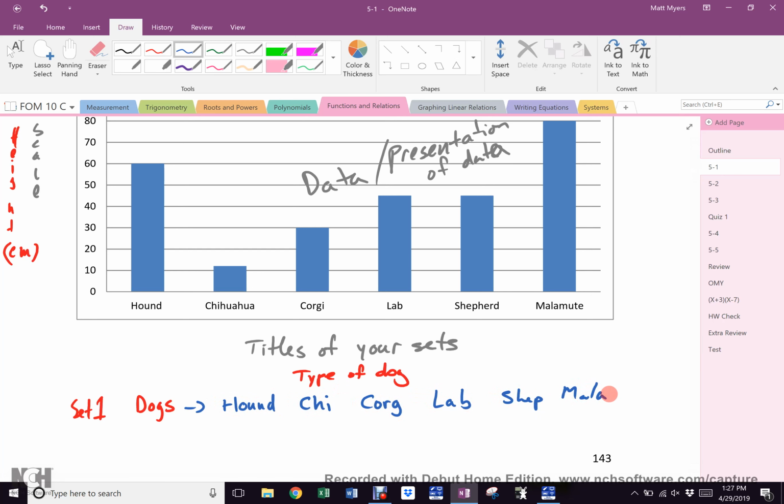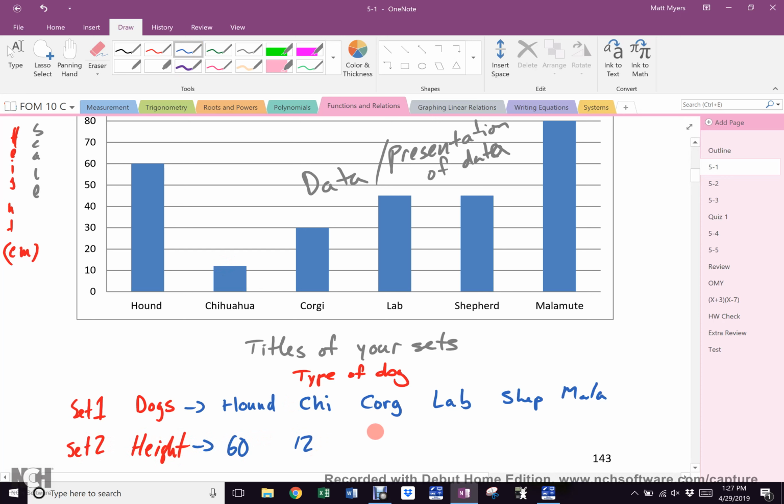Everybody cool? All right, what's the other set? What's the other thing that we have counted? Height. Excellent. And what are the elements of that set? The numbers. And what are they? 60, a little bit more than 10, right?